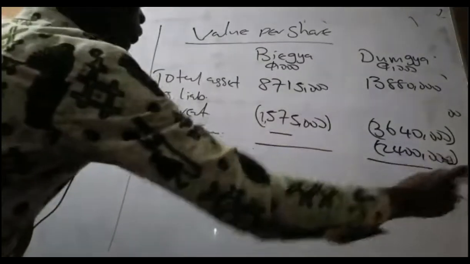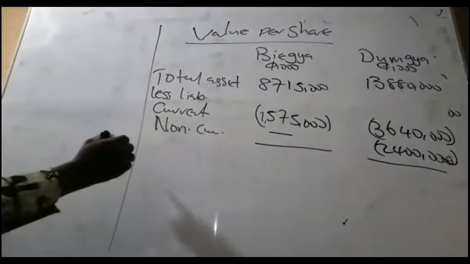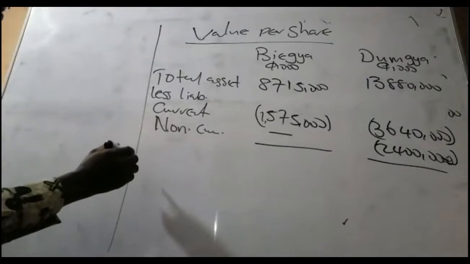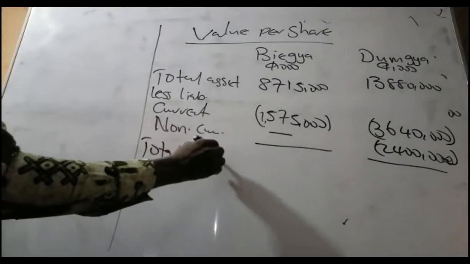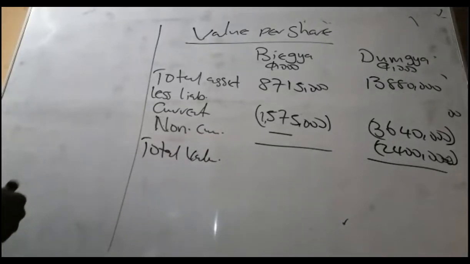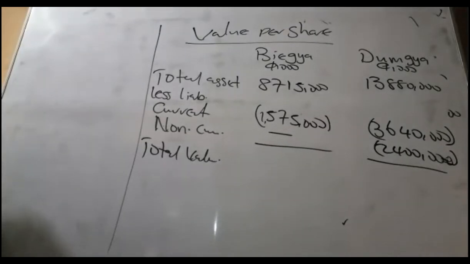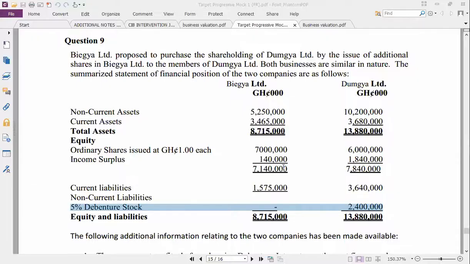This will give us the equity, the total value of the company. But we have not done anything really; we can just use one figure to get it. If there's no footnote that will affect the net asset, you can use the shortcut.